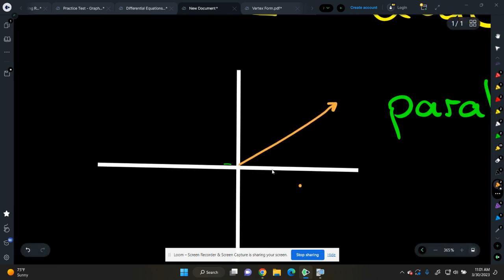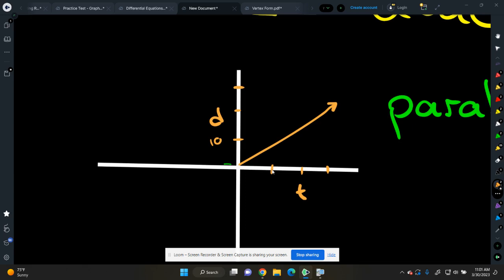Let's just pretend that this is a distance time graph. A straight line means that I'm covering a consistent distance. Every hour I'm going another 10 miles. It's constant. It's the same rate of change of 10 miles per hour.